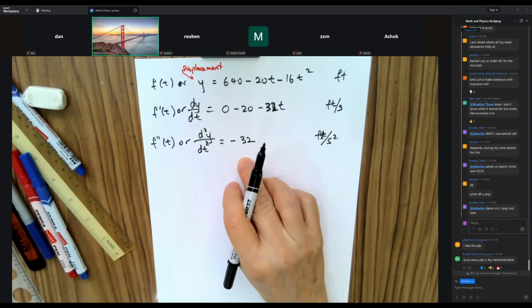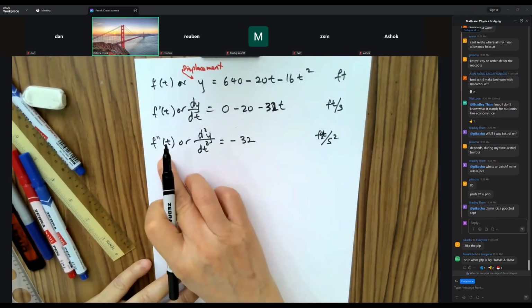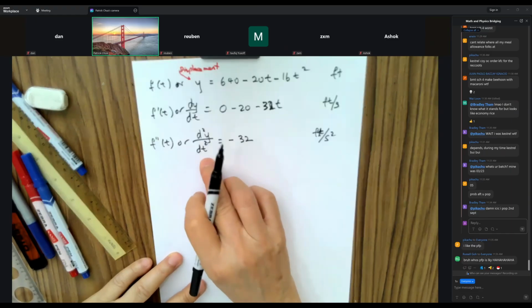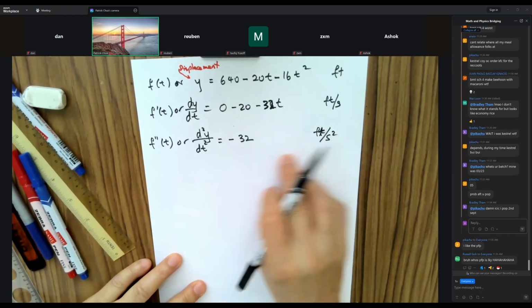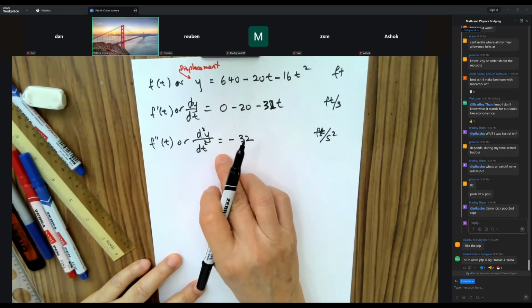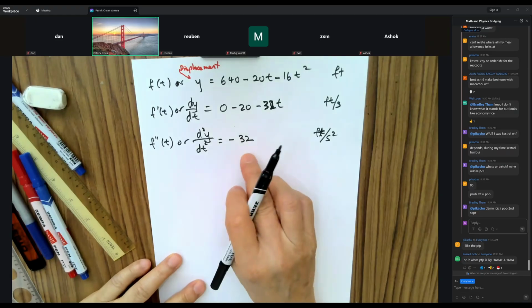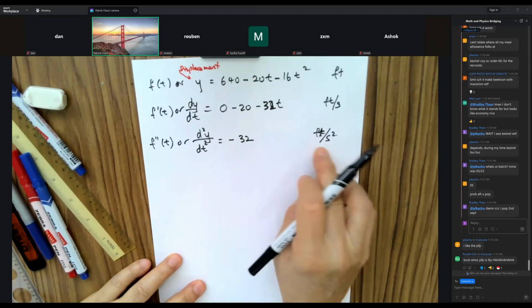So minus 32. So this acceleration, feet per second squared, is acceleration. So the person is accelerating at minus 32 feet per second squared.